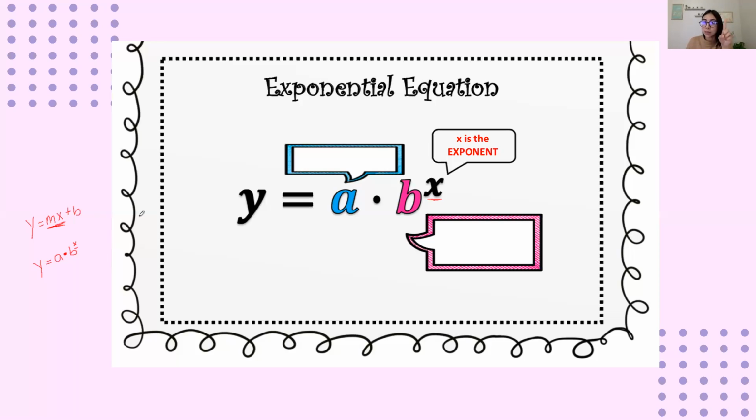Remember our steps. Our first step was always to start with the blue square, looking for that blue dot. This blue matches our other equation here. What do you think the A is going to be? Is it going to be the constant multiplier, your pattern, or is it going to be your y-intercept? What do you guys think?